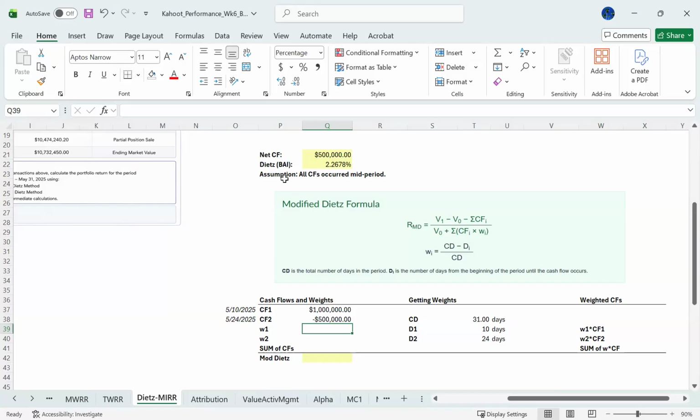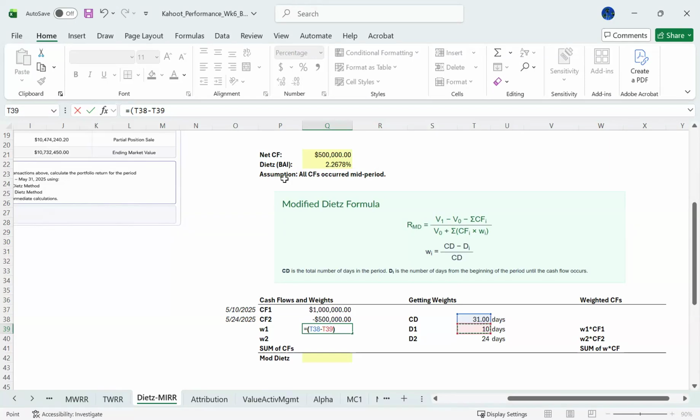What we really care about is, after cash flow one was received into the fund, 10 days after May started, how many days did we have cash flow one in hand from that point until the end of the period? That's where the weights come in. So we take the overall number of days minus the day on which cash flow one was received. Before day 10, we didn't have cash flow one.